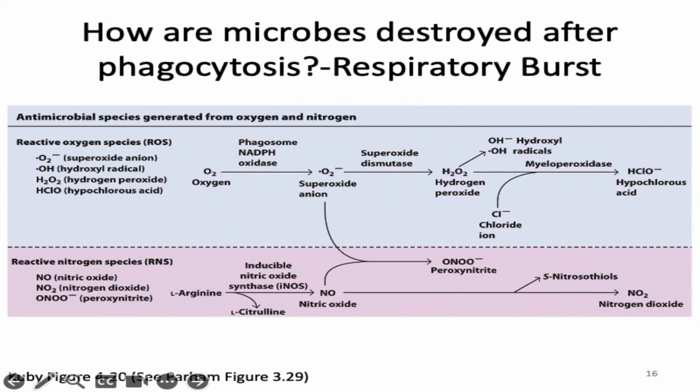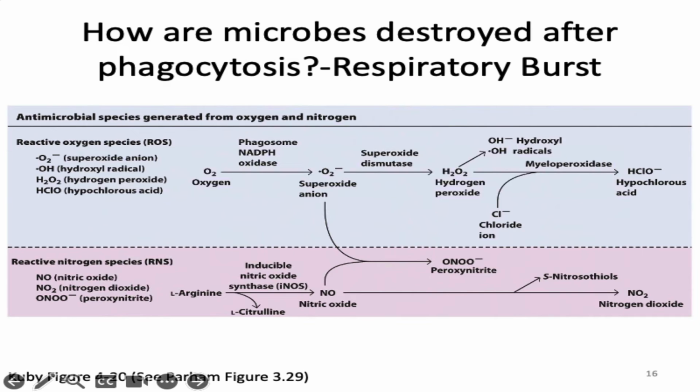It will usually be making nitric oxide, potentially a hydroxyl radical. All of those things are produced from oxygen and from nitrogen-containing compounds by the neutrophil. So the neutrophil has a store of these chemicals, and they work to kill the microbe.